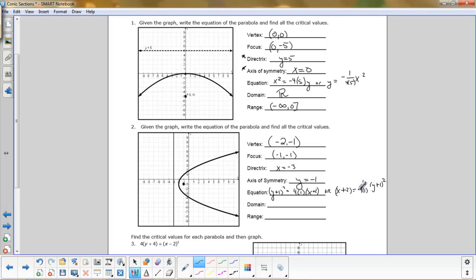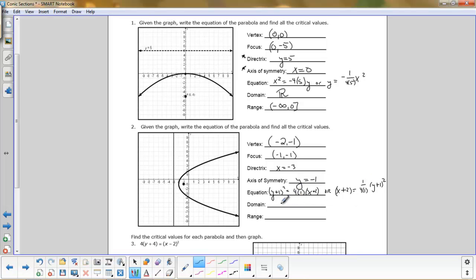You'll notice the only difference between the first equation and the second equation in both examples is that the value 4p has been multiplied to the other side of the equation. And when you multiply, you actually multiply by the reciprocal to move it to the other side.